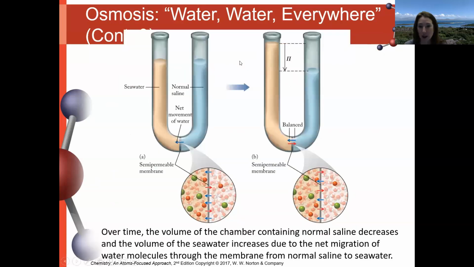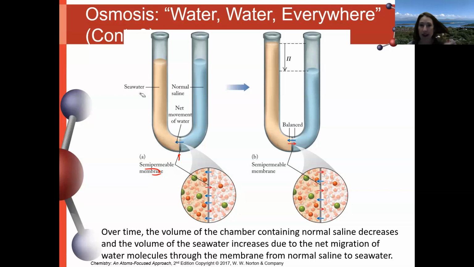Okay, so what we've been talking about is osmosis. So osmosis is, again, just movement through a semi-permeable membrane. And so, for example, let's look at this, our semi-permeable membrane right here. So here's seawater, here's just water.